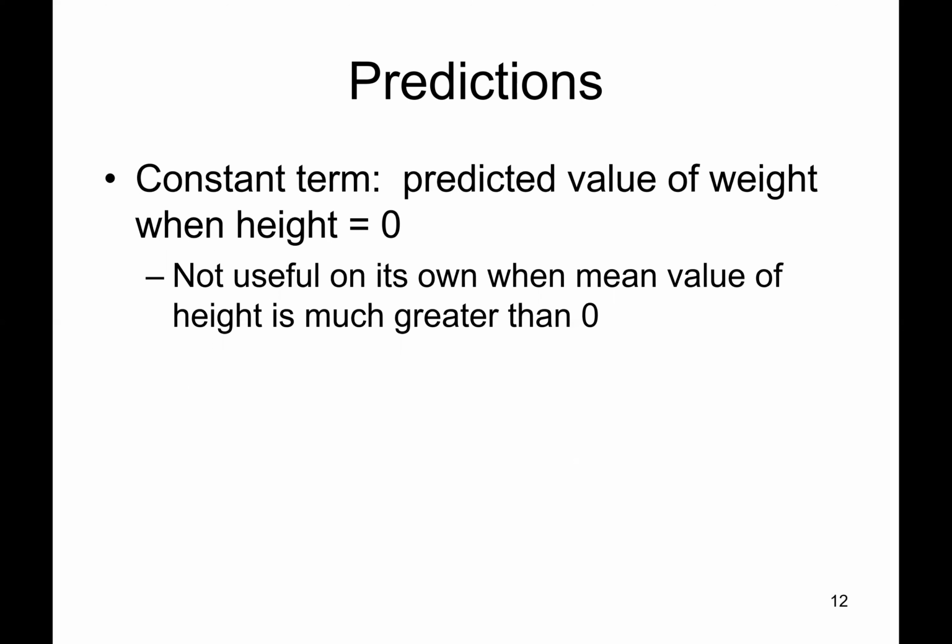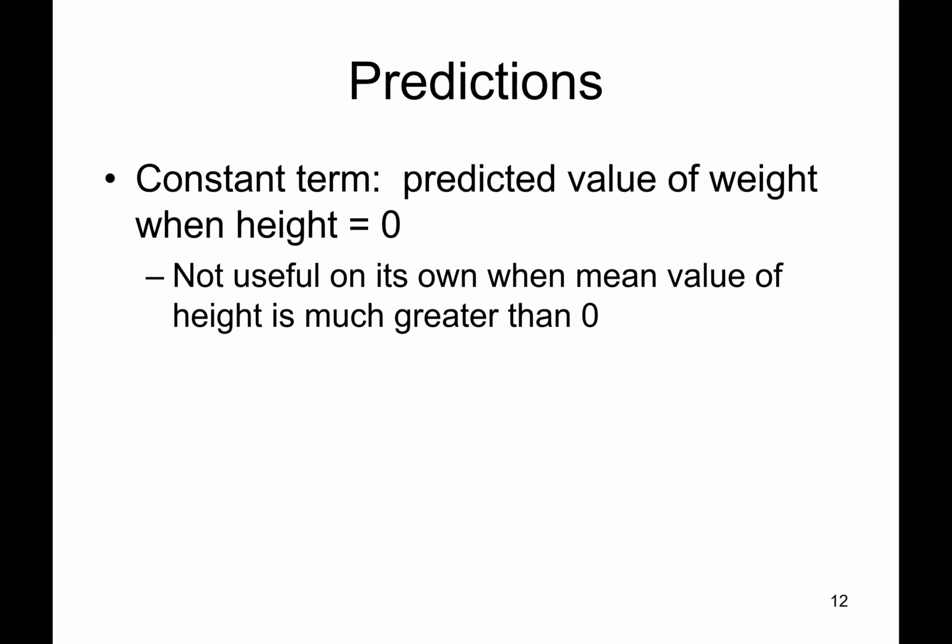And so in general, the constant term really doesn't help you a whole lot when the average value of your independent variable is a lot larger than 0. And it's pretty rare actually that we even really care about the constant term. It just is sort of a level that we move up and down in order to fit the data.